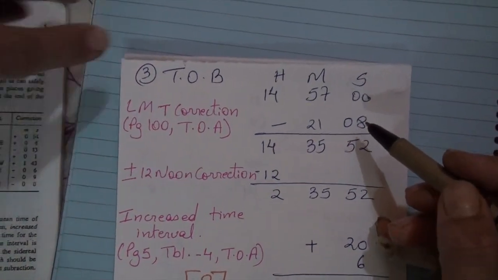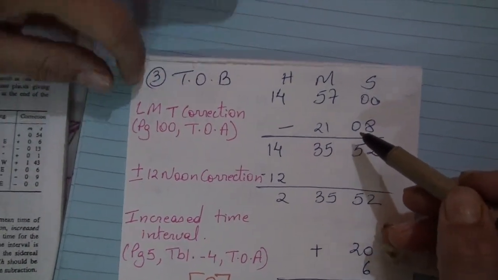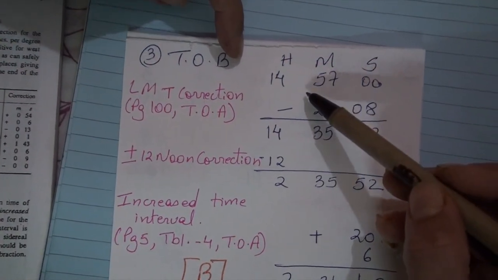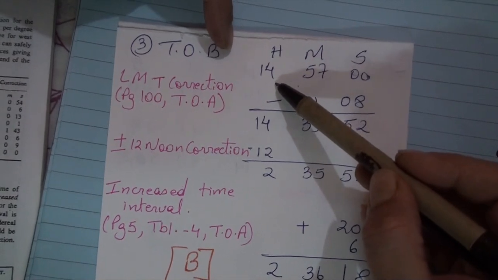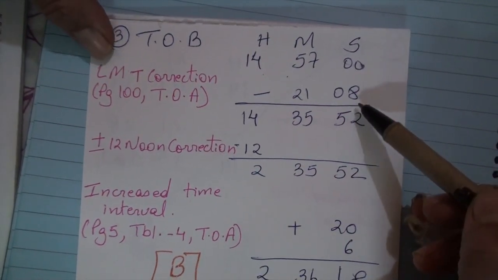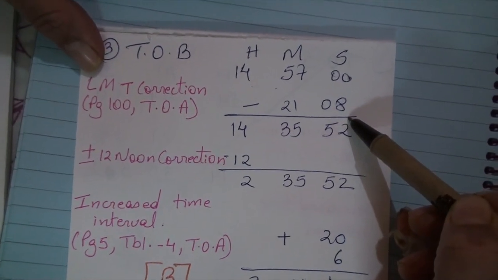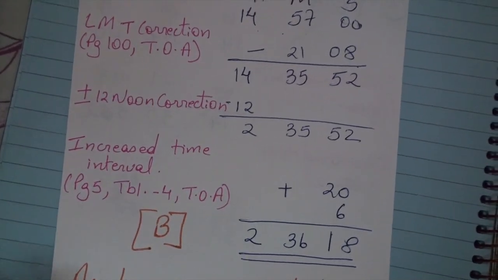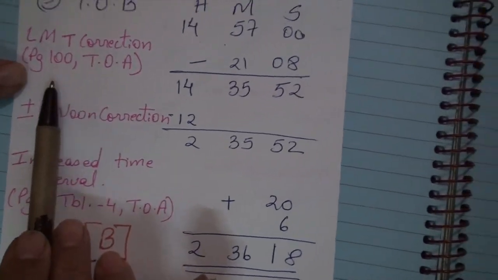The next step is we'll take the values from the time of birth. The time of birth, as we know earlier, is 14 hours 57 minutes. Then we'll make the LMT correction to these values. The LMT correction for Delhi is given in the table of ascendants, page number 100.